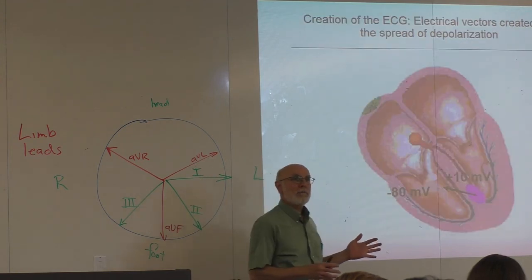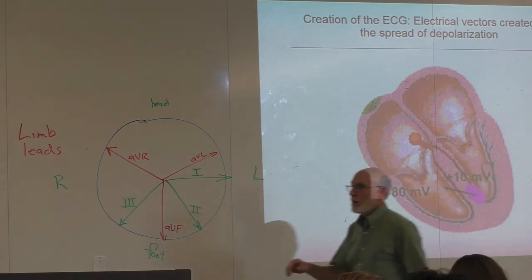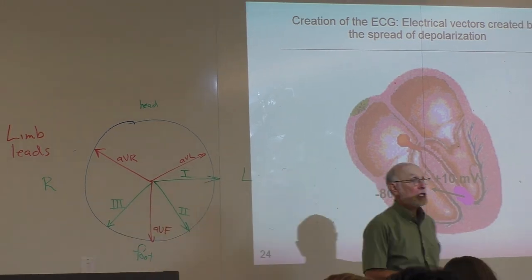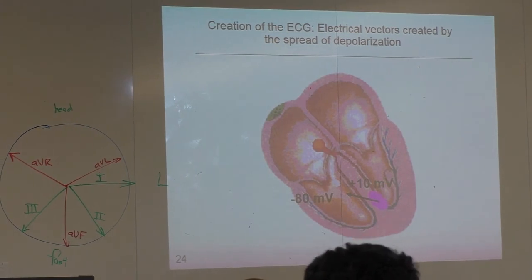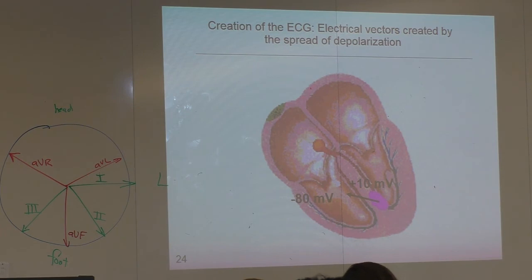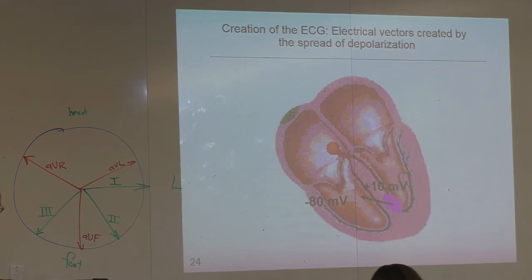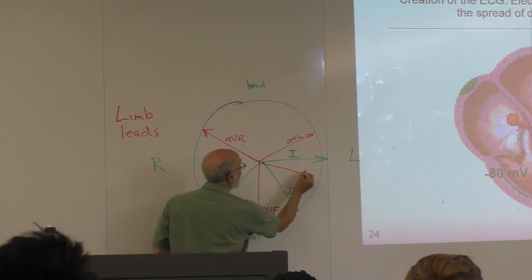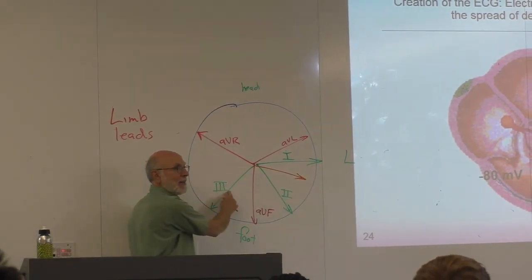Now let's go to the early part of the spread of ventricular depolarization, or the onset of ventricular systole. Why would you get a negative signal? Oh, okay, I think you're thinking about this exactly right. If the vector is like this, which is what it was, it's a little bit negative in lead 3.